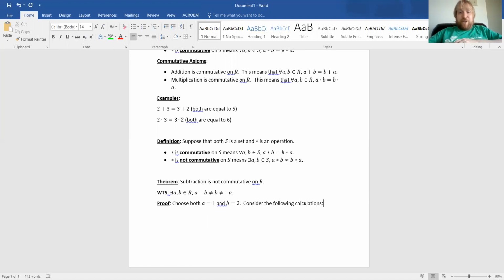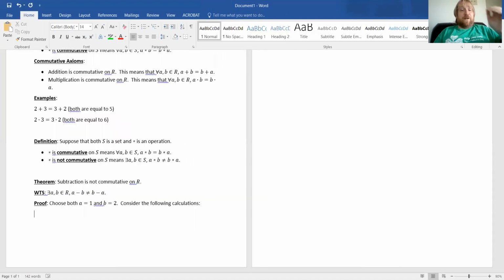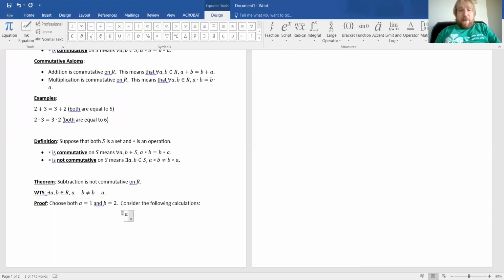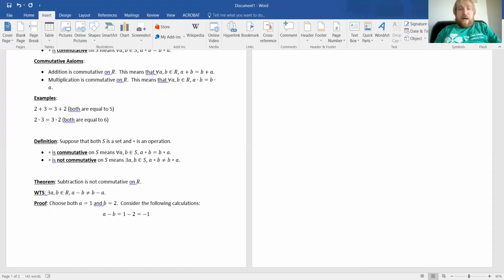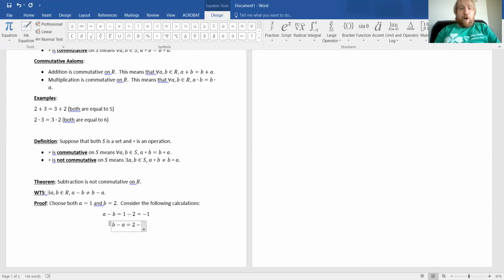Consider the following calculations. Now, to show that A minus B does not equal B minus A, I just need to calculate A minus B and B minus A separately and show that I get different things. So A minus B equals 1 minus 2, which is negative 1. And B minus A equals 2 minus 1, which is 1.